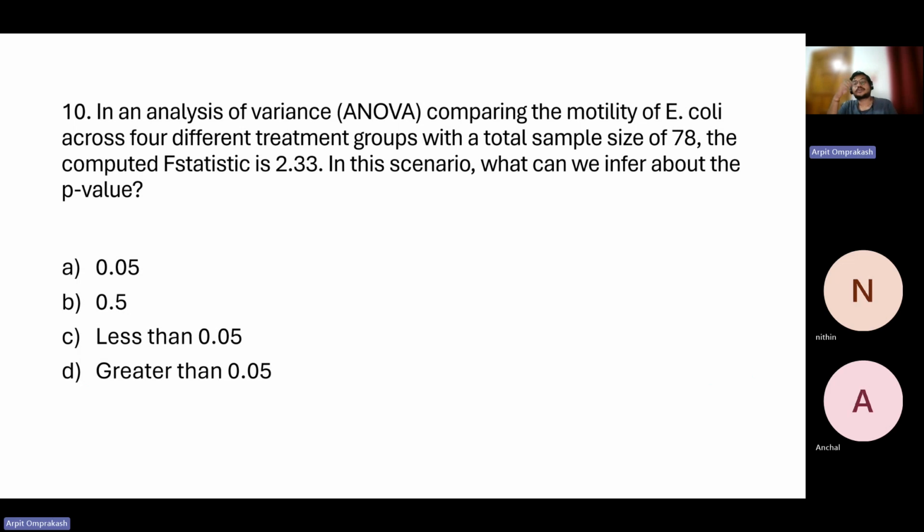In this scenario, what can we infer about the p-value? So we are doing ANOVA, and we are trying to compare the mortality of E. coli across four treatment groups. So our k here is 4. We have 4 treatments, and our total sample size n equals 78.